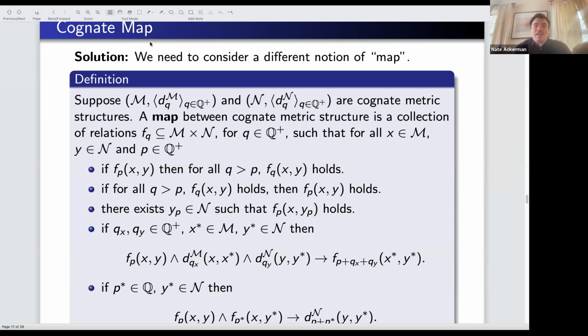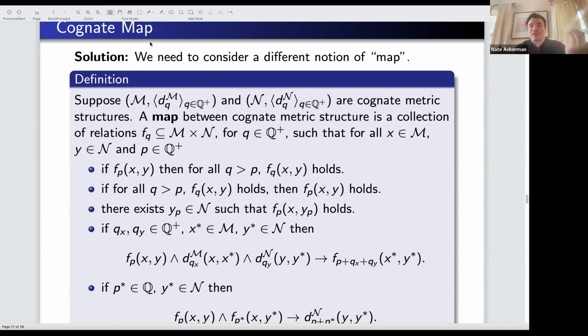Well, the intuitive idea is that I have two dense sets and I want to describe a map between their completions. Call them M and N. A map from a dense subset to any complete metric space extends uniquely to a map from the completion of the domain to the completion of the range.